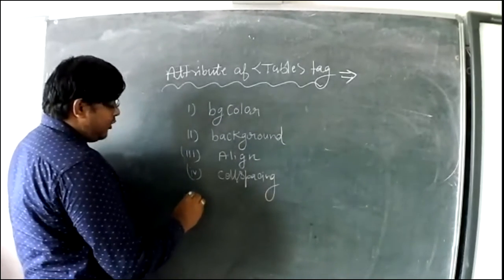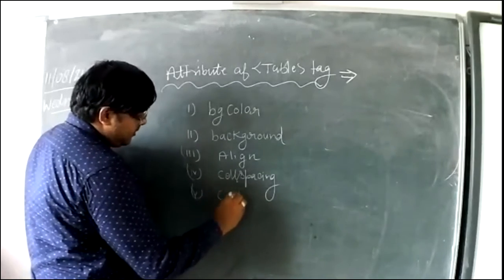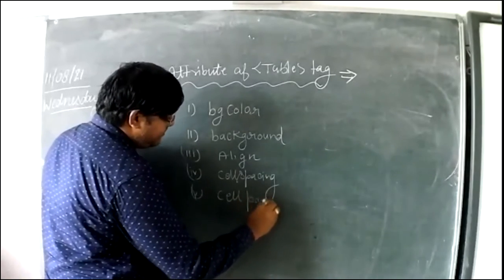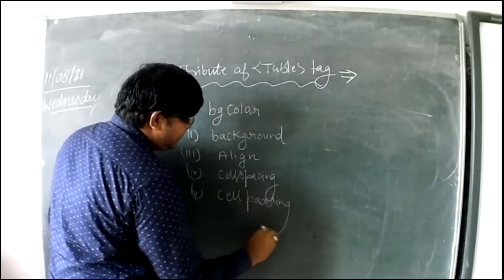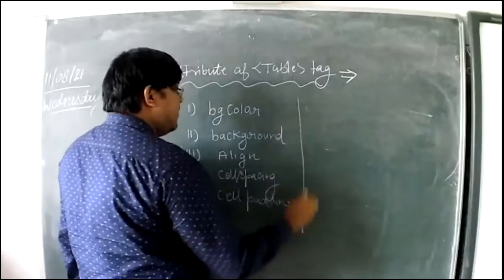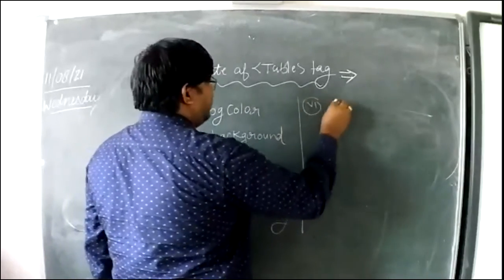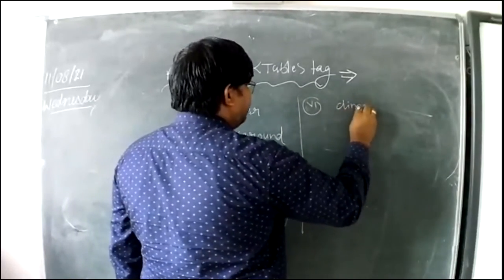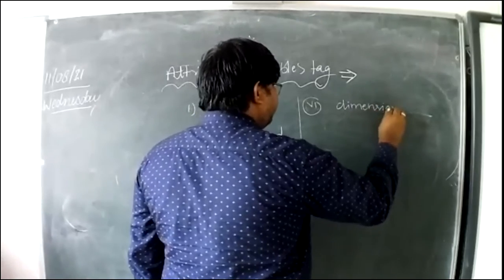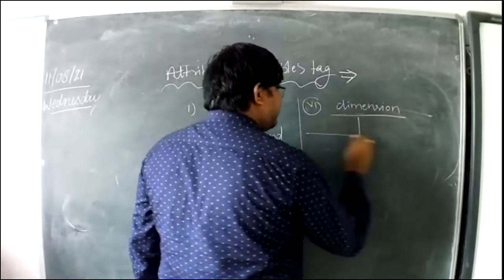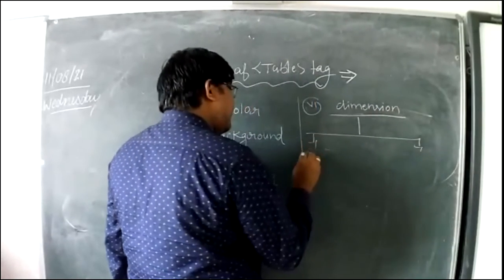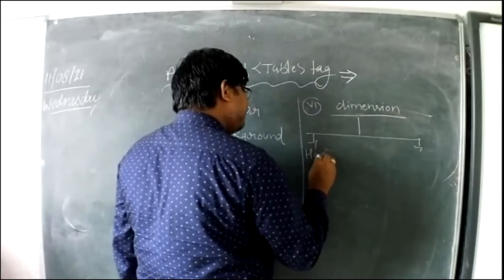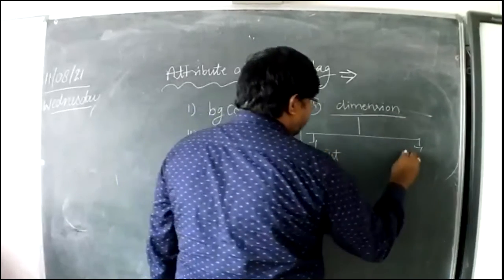Then we have a fifth attribute, cell padding. Then we have the sixth attribute for the dimension. Dimension is known as height and width.